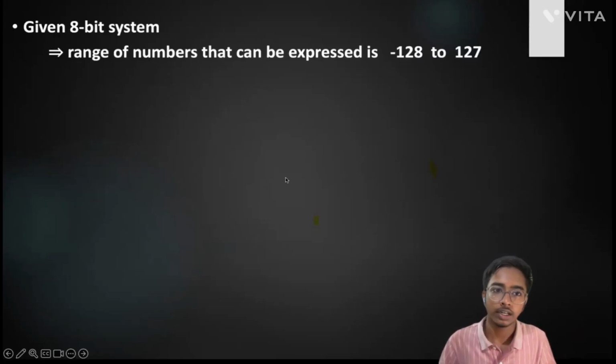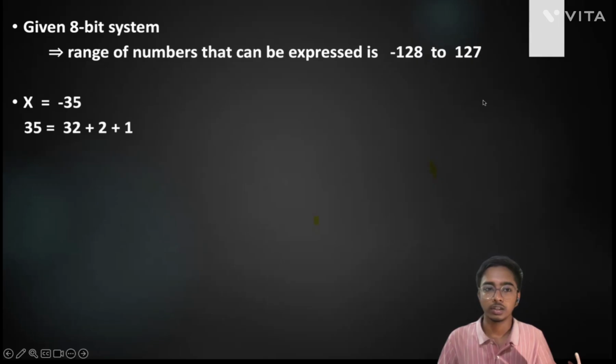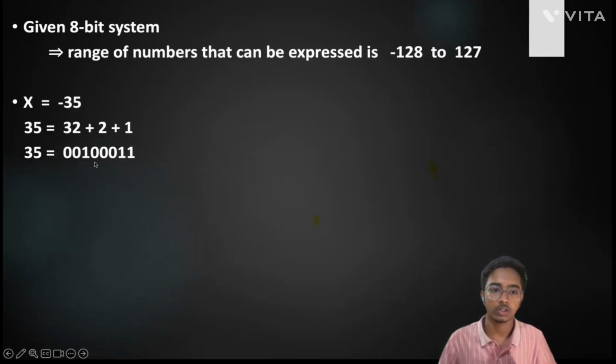Coming to the question, given an 8-bit system, the range of numbers that can be expressed is minus 128 to 127. X is given to be minus 35. So the first step is to take the modulus value of it. The modulus value is 35, and it can be represented as 32 plus 2 plus 1, which gives us the binary representation 0, 0, 1, 0, 0, 0, 1, 1.